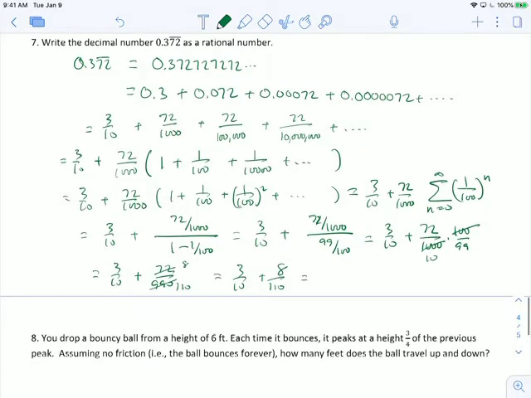I would multiply the first fraction by 11 over 11. And so I can see that I would get 44 over 110. I know our calculators have ways of rationalizing decimal numbers, but here we're seeing that we can do this on our own without the use of a calculator by taking advantage of geometric series.